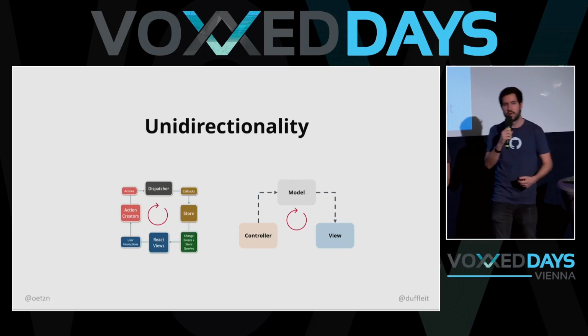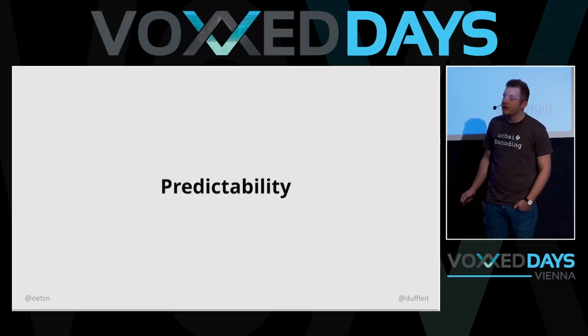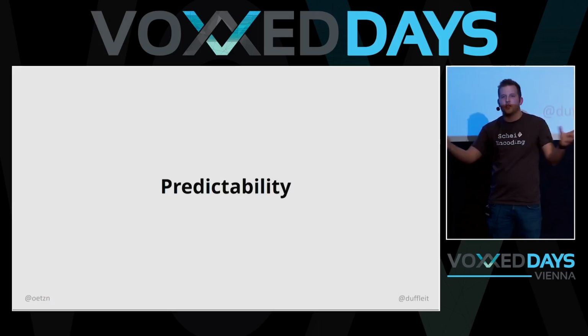Another selling point Flux always argues with is predictability. This one is also quite obvious. You have some state in your store, you apply some action, and you again have some state in your store. If you apply the same action again, you will get another state, and you can do this again and again, and it's quite predictable.